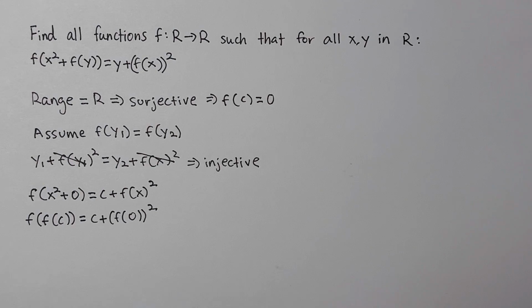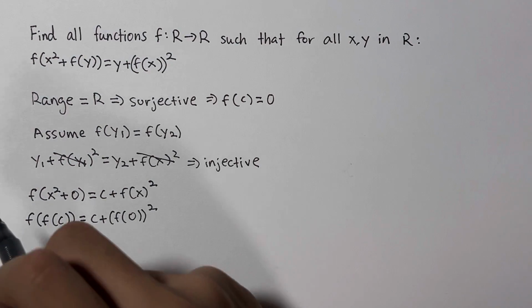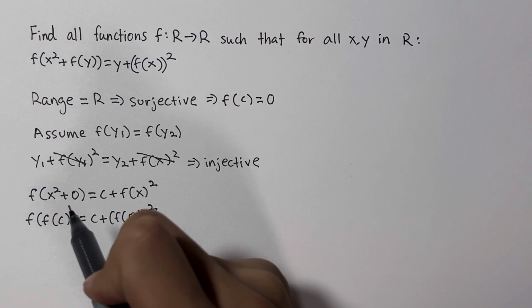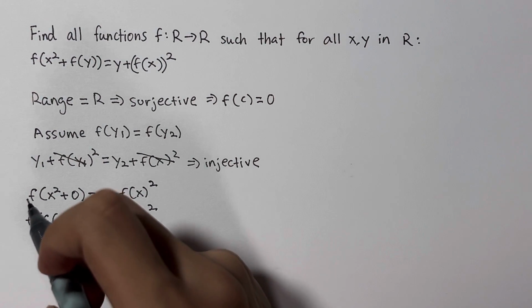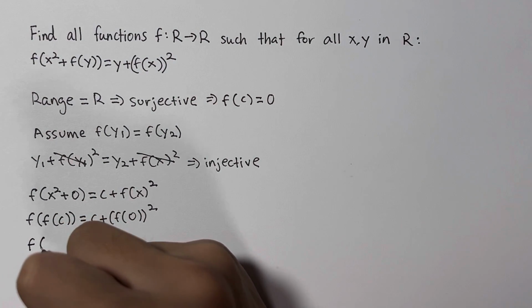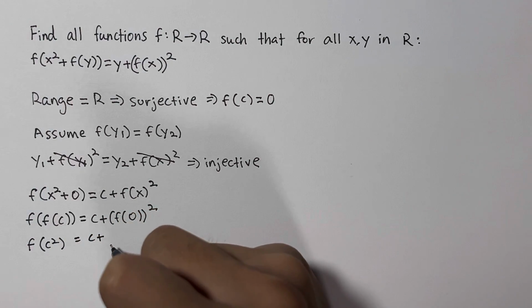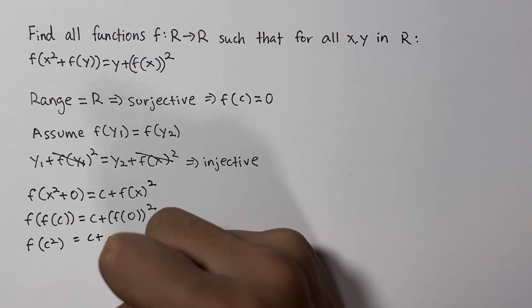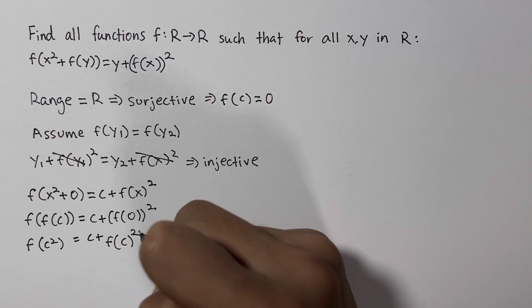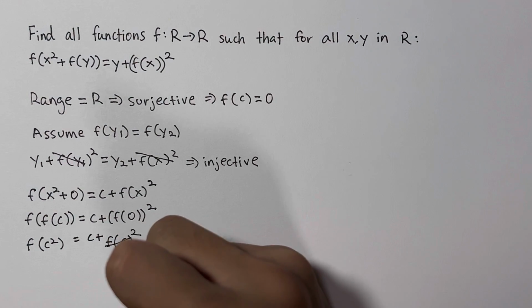Now let's go back to relation A and set x equals c, and apply the function f, knowing that f of c equals 0. So we'll have f of c squared equals c plus (f of c) squared, and because f of c equals 0, f of c squared equals c.